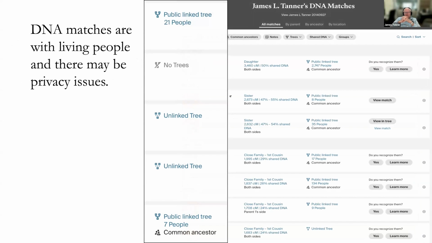Now, DNA matches are living people. So when you get these matches, they're all people who are alive. They may have died since they took the test, but that's kind of unusual. So when you're getting all those people, they're actually people you can talk to. Now, they may not want to talk.